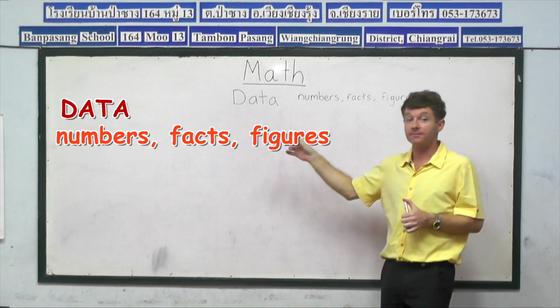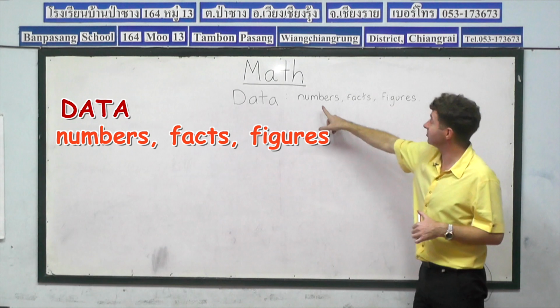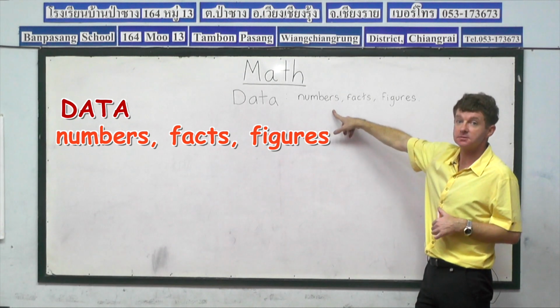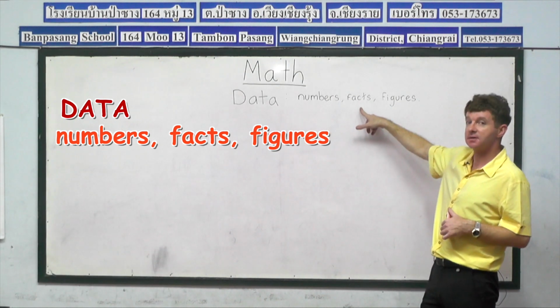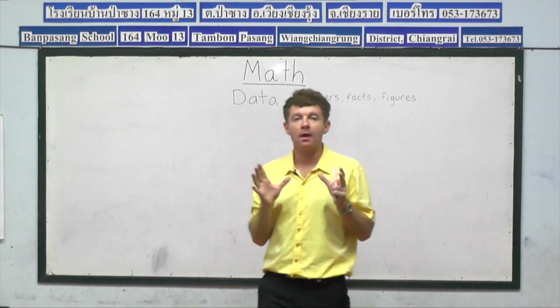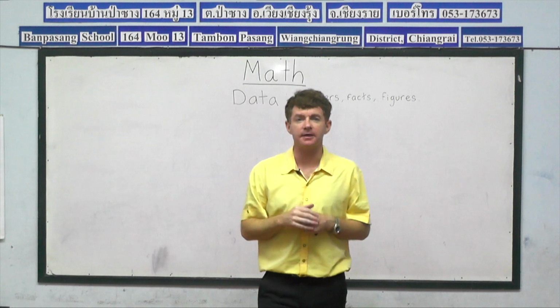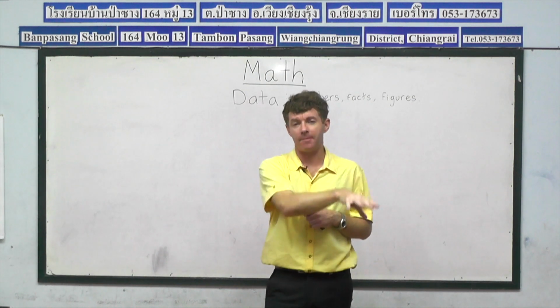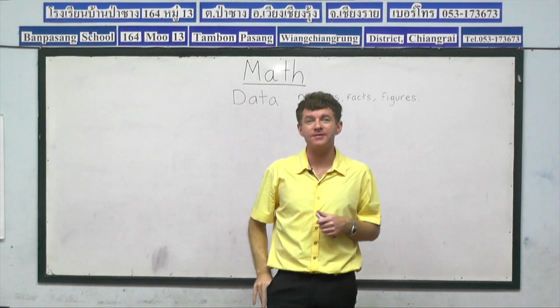So data is the collection of numbers, facts, and figures. Well done, guys. And in our math classes recently, we've learned about the 3 steps of the process regarding data.